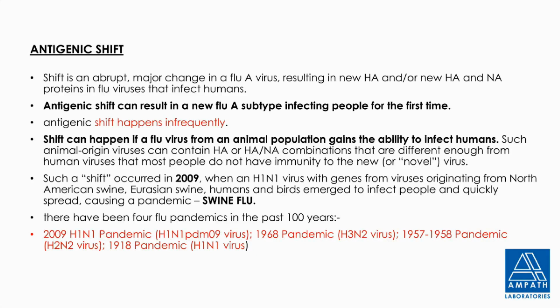This happens very infrequently, and I think pandemics happen because of these major shifts. We speak of the 2009 H1N1 pandemic and the 1968 pandemic with the H3N2 virus, and those are just listed there. This is just to illustrate the shift.